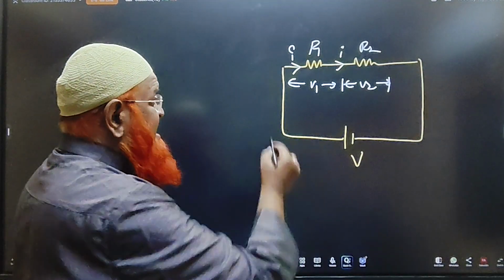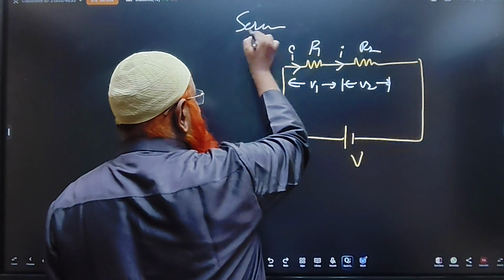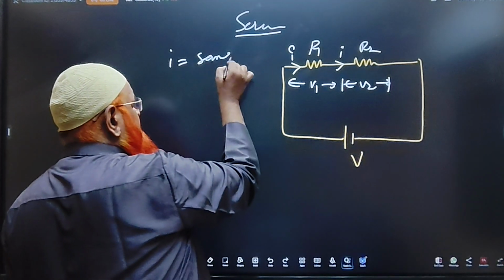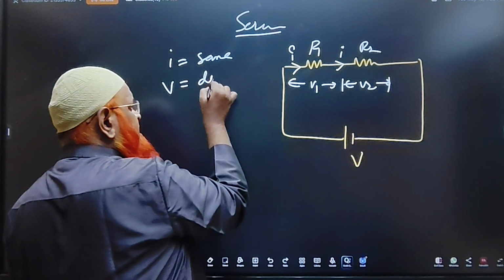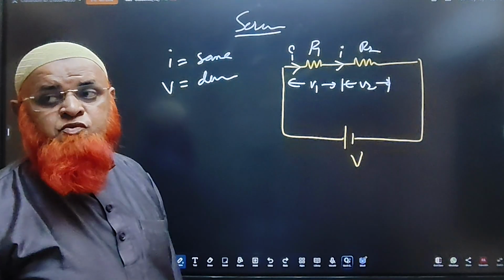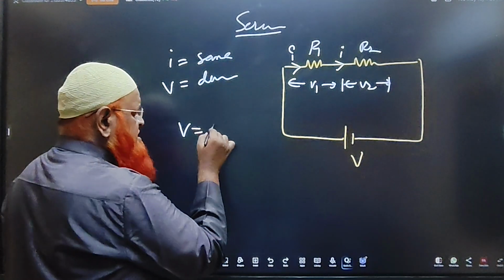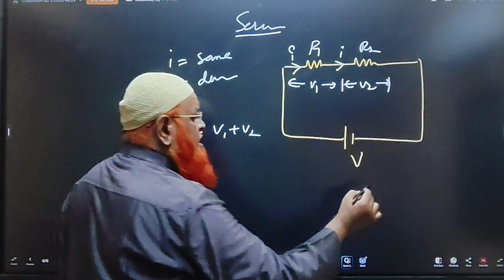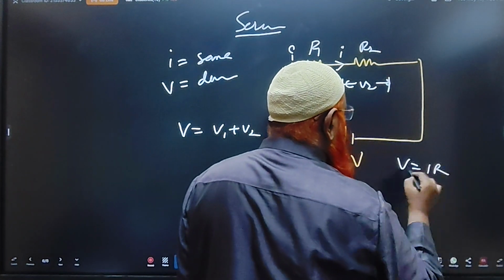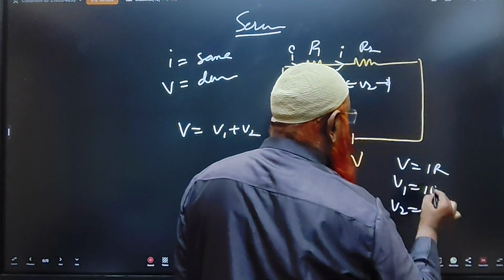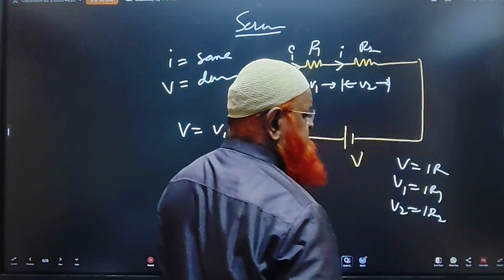What is the condition here? This is the case of series connection in which I is the same whereas V is divided. That means you write V is equal to V1 plus V2, and according to Ohm's law, V is equal to IR, V1 is equal to IR1, V2 is equal to IR2. I is the same because it is a series connection.